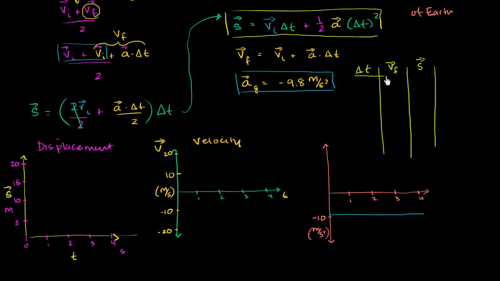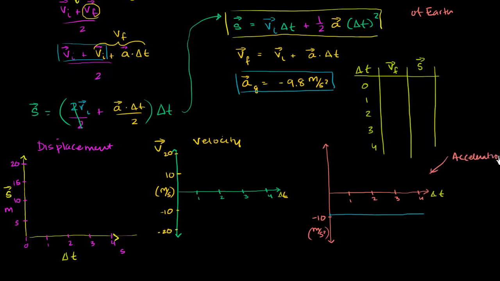I will do it for change in time 0, 1, 2, 3, 4. So when 0 seconds have gone by, when 1 second has gone by, when 2 seconds, 3 seconds, and 4 seconds have gone by. Actually, let me call this the change in time axis, because it's essentially how many seconds have gone by. And let me make it clear that this graph, which I didn't label, is my acceleration graph.